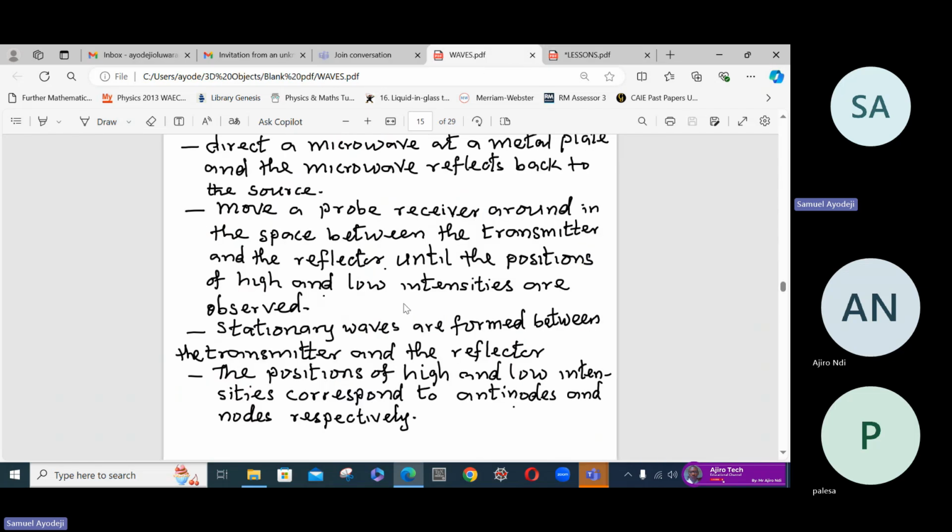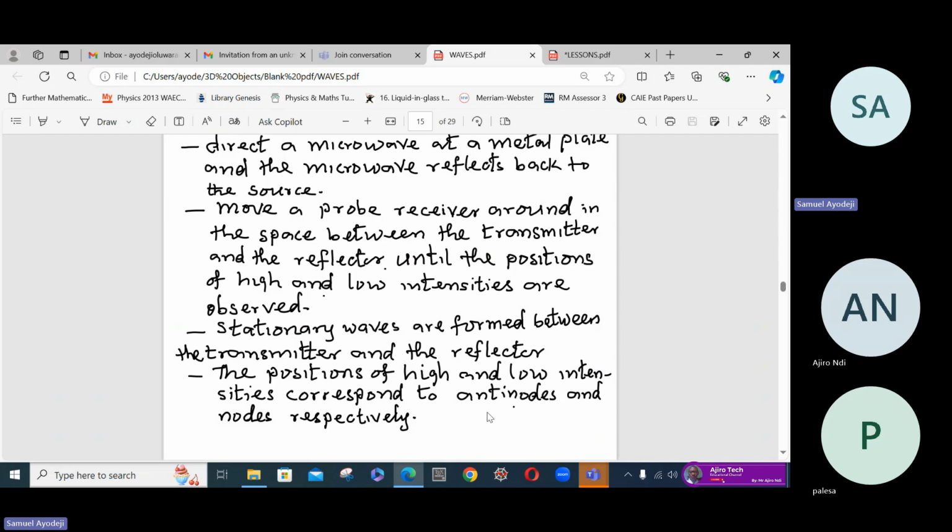It will detect. So move a probe receiver in the space between the transmitter and the reflector until the positions of high and low intensity are formed. What does the high intensity represent? What does low intensity represent? Observe, stationary waves are formed between the transmitter and the reflector. The positions of high and low intensity correspond to antinode and node respectively.